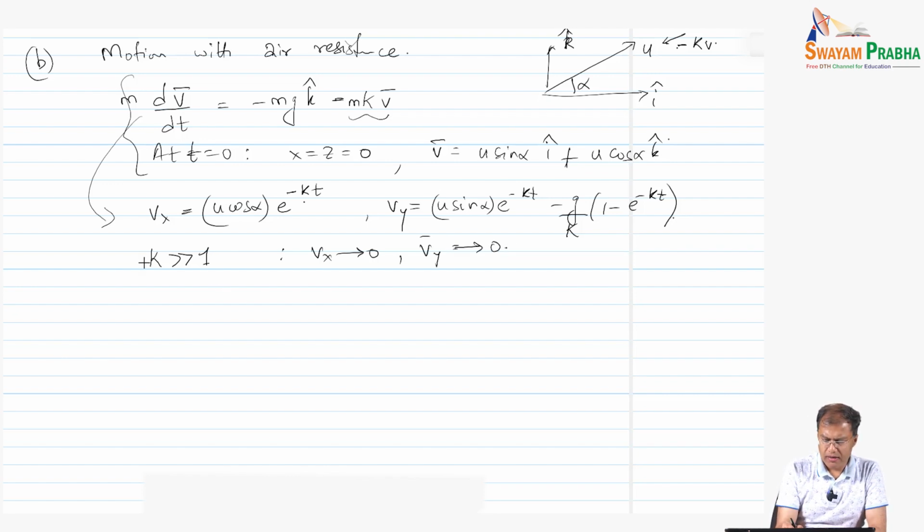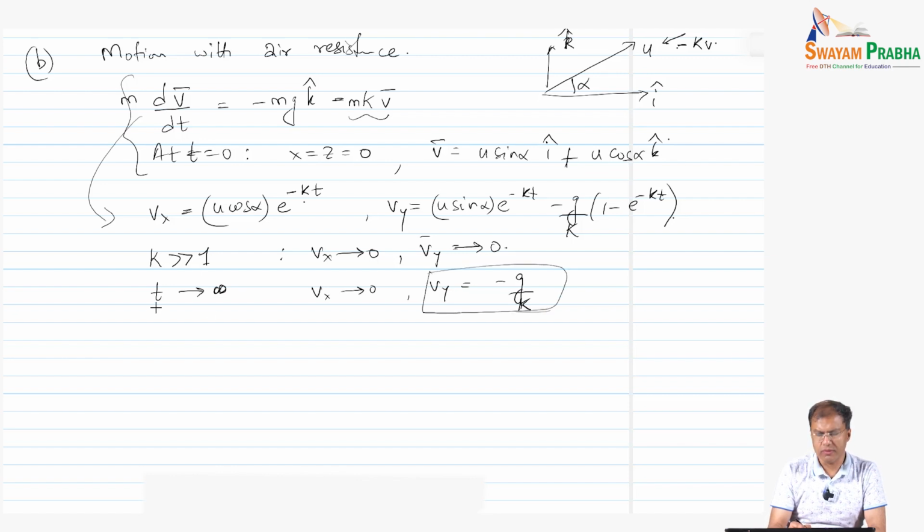But when t is very long, when the total time for the setup is going to infinity, we also see that Vy comes out to be minus g over k. So at no instance do we see that the velocity goes to 0. We always have this so-called terminal velocity at infinitely long times.